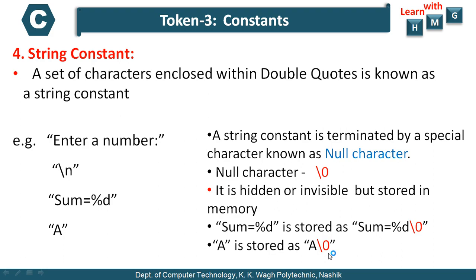In this way every string terminates with a null character, backslash 0, and whenever you write a program to handle string type data or string manipulation, you will require this speciality of a string constant, that every string terminates with a backslash 0, the null character.